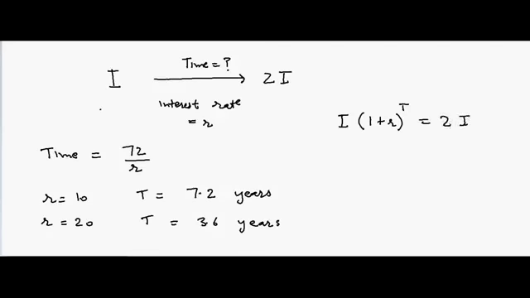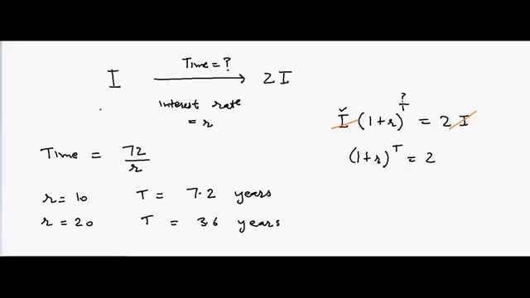This is our initial investment, and then we have an interest rate every year, and this is compounded every year, so that will become 2I after a certain time. And we want to calculate what the time should be. Now if we solve this equation, I will be cancelled out by the other I, and then we have (1 plus R) to the power t is equal to 2.